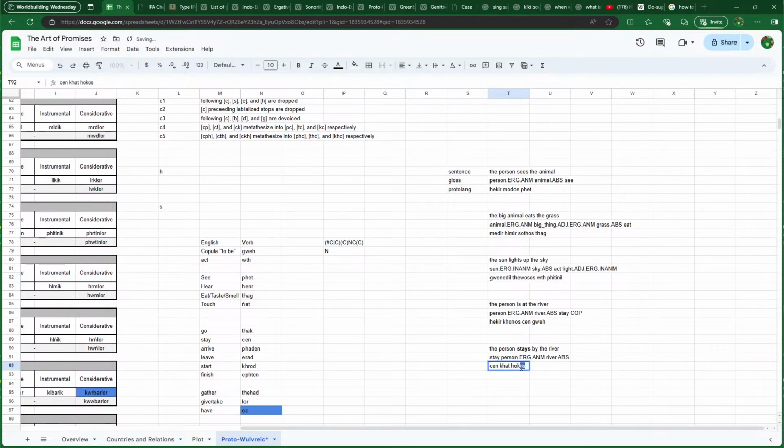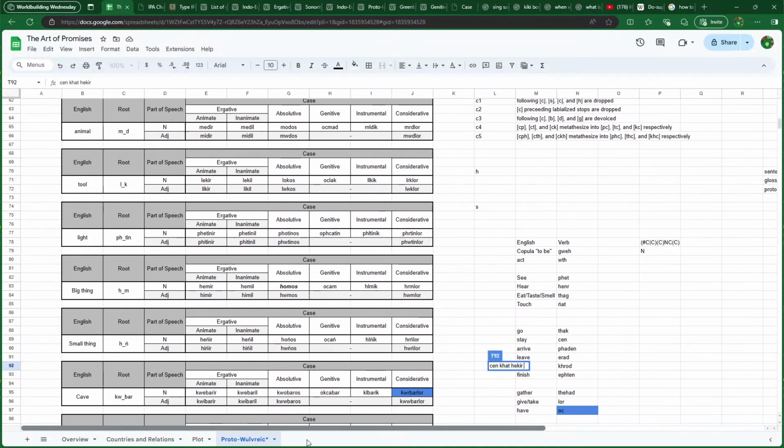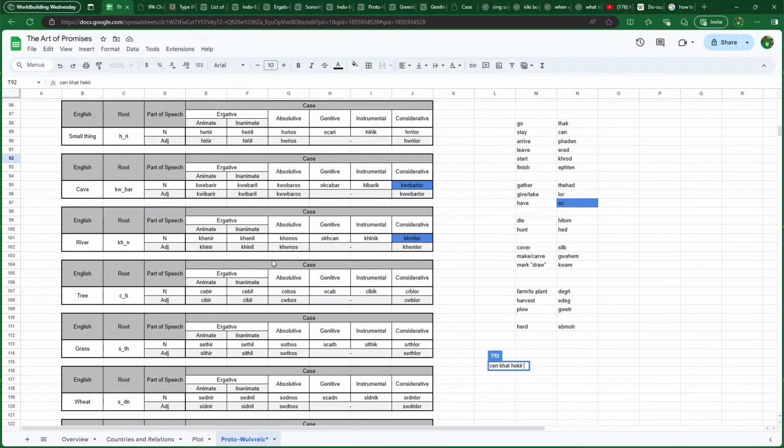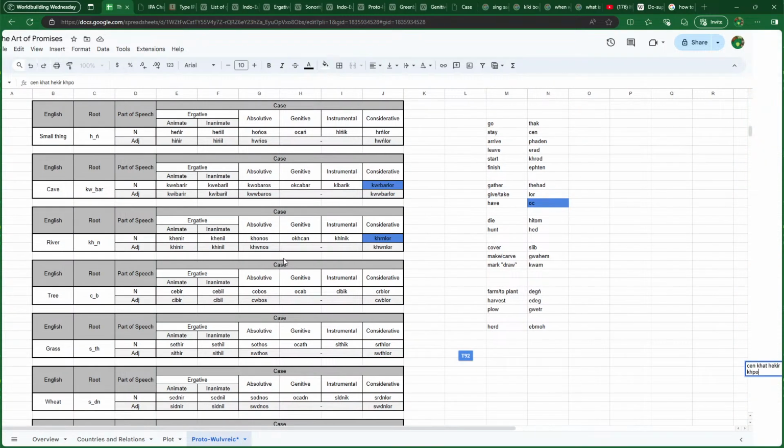hokos. And then that allows us to hekir and then river konos.